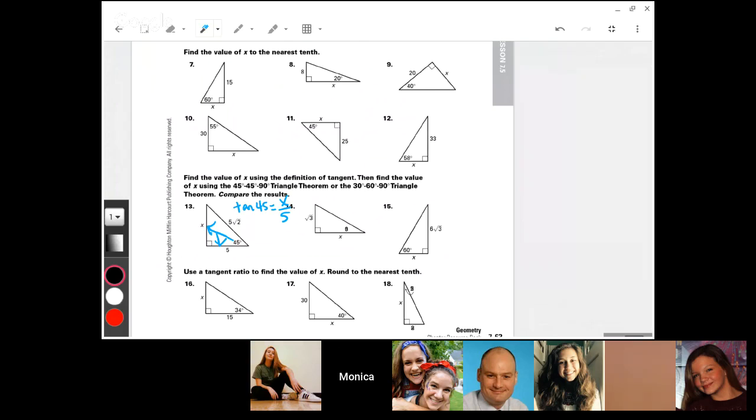Since we're dividing by 5, we're going to have to multiply by 5 on both sides, okay? So did you do 5 times tan of 45?